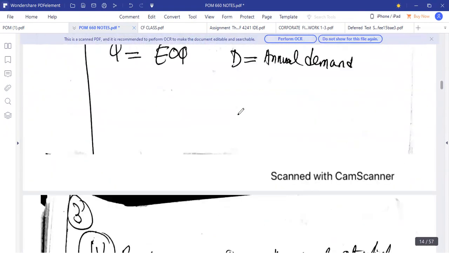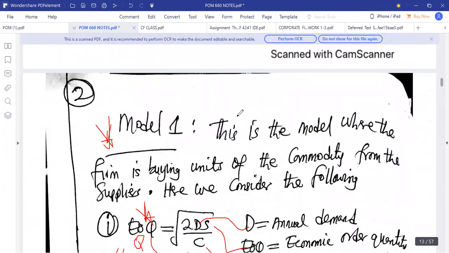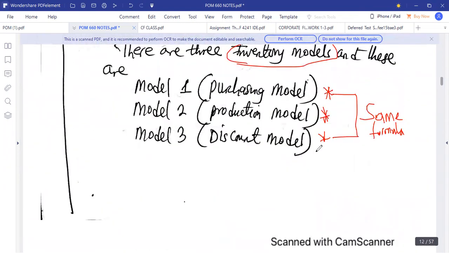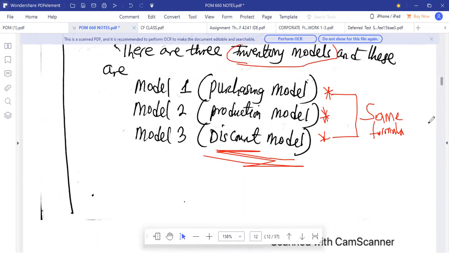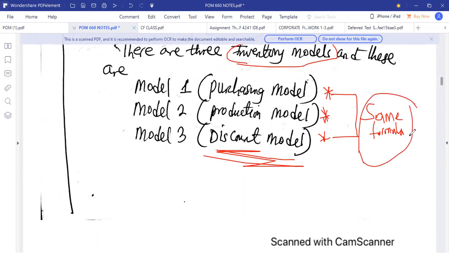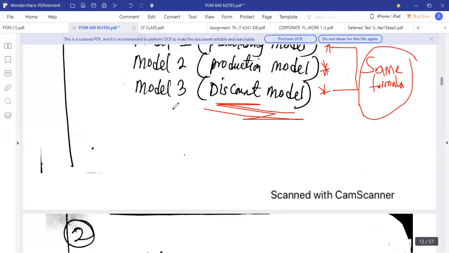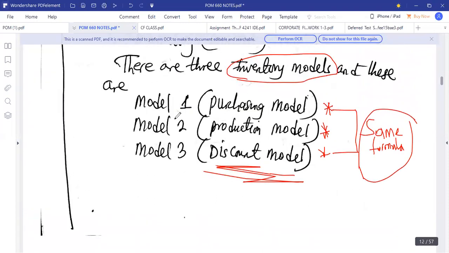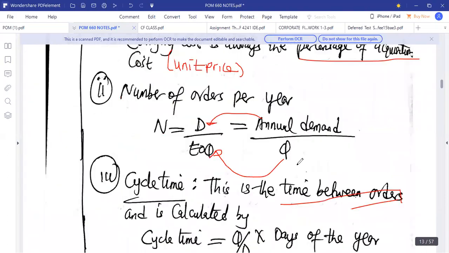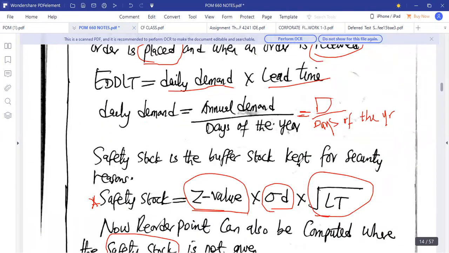Model 1 and model 3 use the same formulas which I've given so far, so there's no need to go through formulas again for model 3. Just go through these formulas.